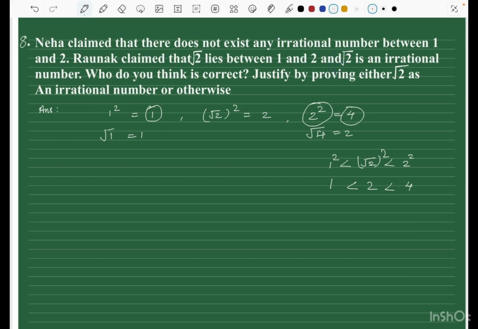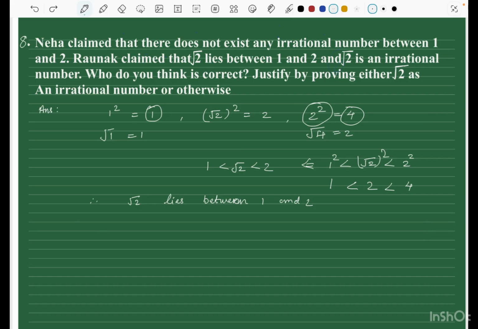So we can write 1 square which is less than root 2 square which is less than 2 square, which implies 1 less than root 2 less than 2. So root 2 lies between 1 and 2. First statement is correct. Root 2 lies between 1 and 2.